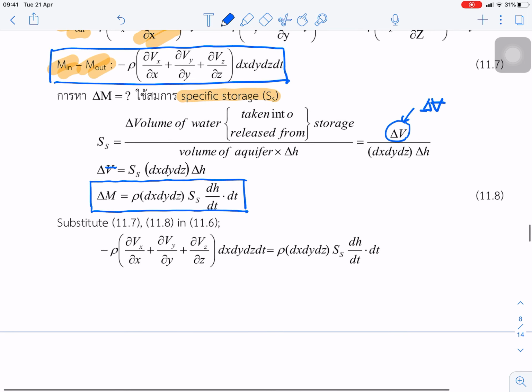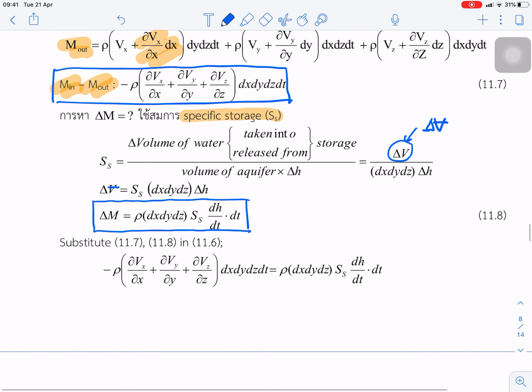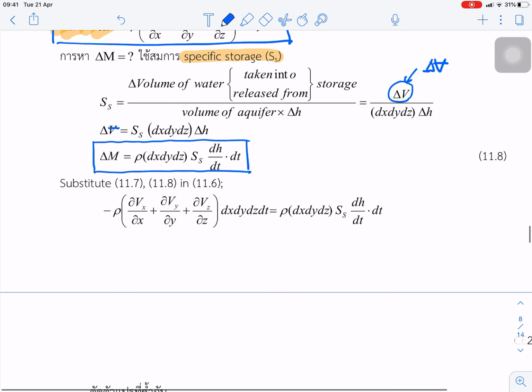So we make equations 11.7 and 11.8 equal, we get this equation, and we cancel the terms that are the same on the left and right hand side.